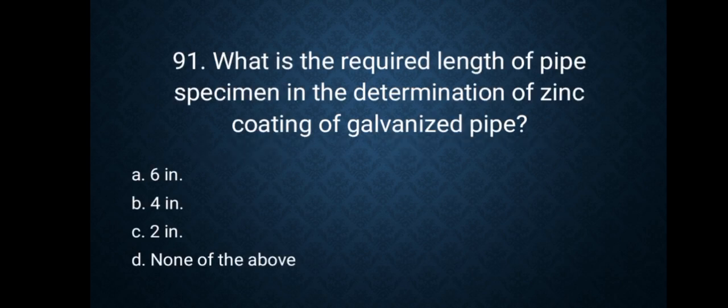Number 91. What is the required length of pipe specimen in determination of zinc coating of galvanized pipe? An answer niya is B, 4 inches. Kay galvanized conical pipe is a straight, tubular product of a uniform circular cross-section primarily used for the transport of fluids.